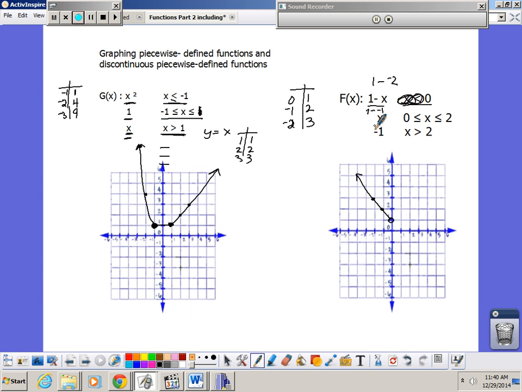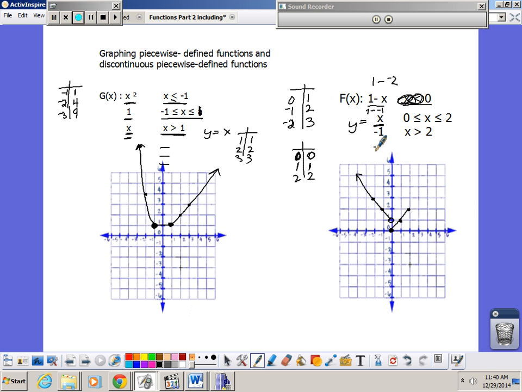Then I go to the next portion, I have x, so y equals x. It's going to be between 0 and 2, so I'll start with (0, 0), (1, 1), (2, 2). So (0, 0) is solid. And there's that portion.